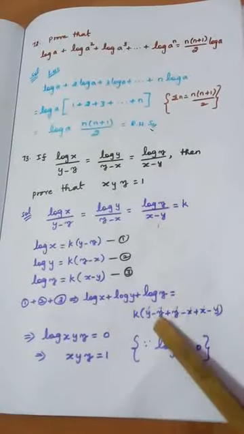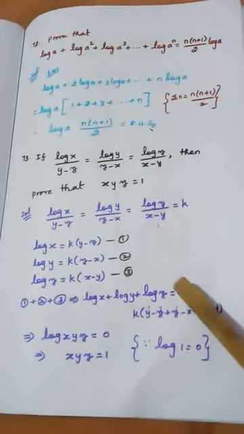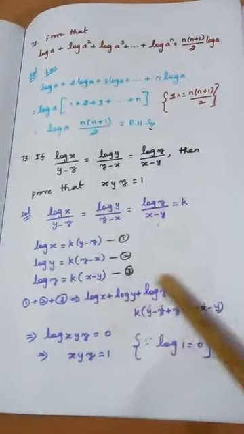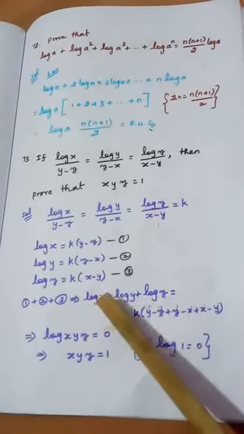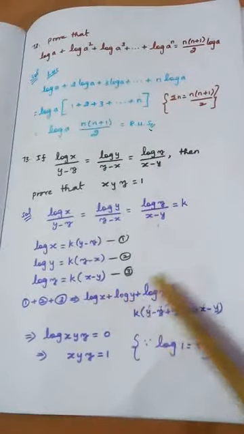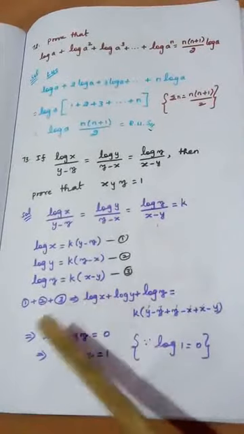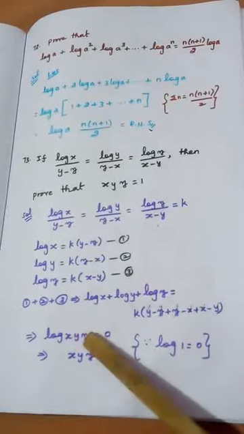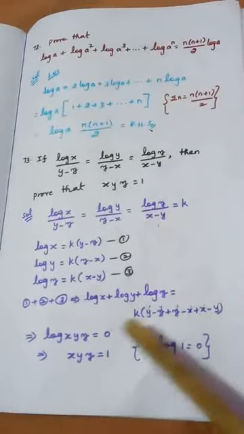So the answer is 0, and 0 into k is 0. On the LHS, by the product rule, log x plus log y plus log z means I can use only one log and multiply the numbers x, y, z. And the right hand side becomes 0.